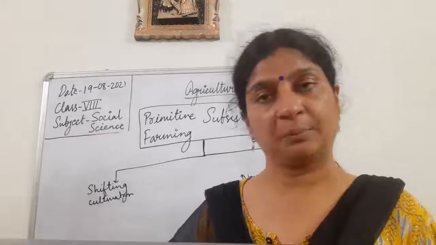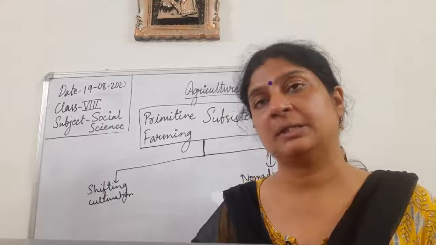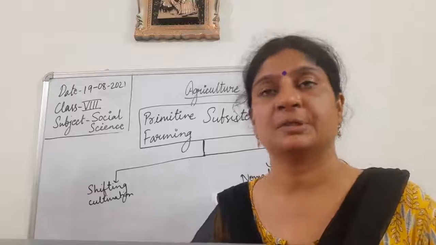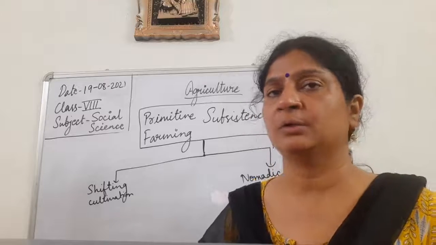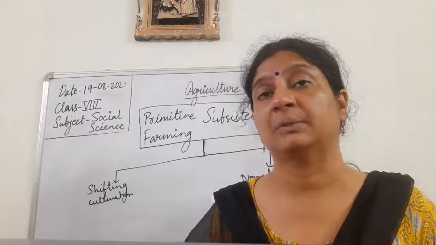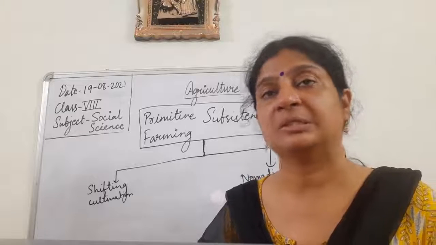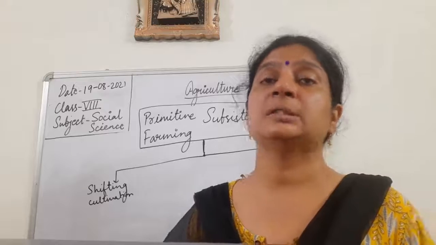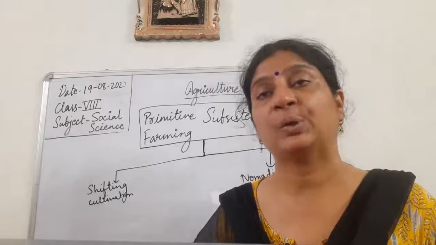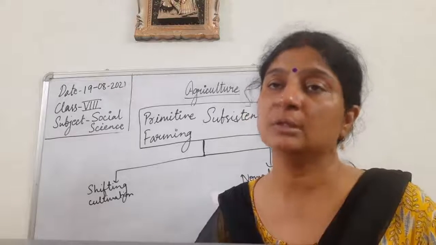This information is very important, where shifting cultivation is done, as these types of questions come up. So you must remember where shifting cultivation is practiced. All these areas which we have just mentioned are areas where heavy rainfall occurs, and because of this heavy rainfall, quick regeneration of vegetation occurs.